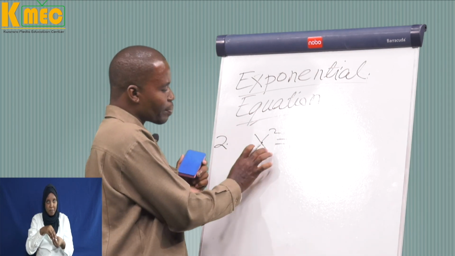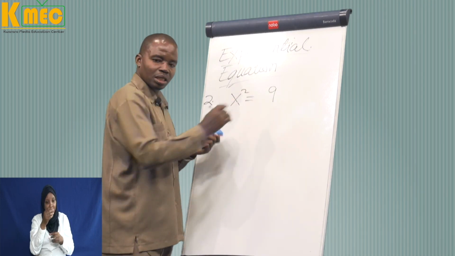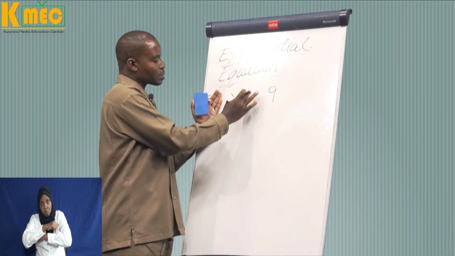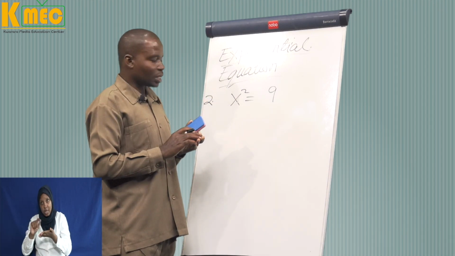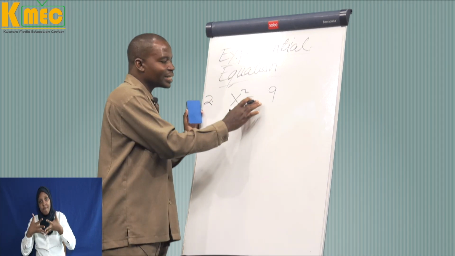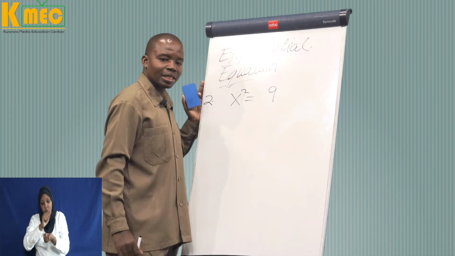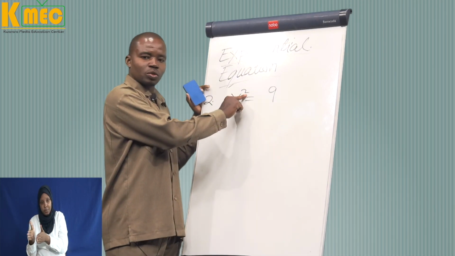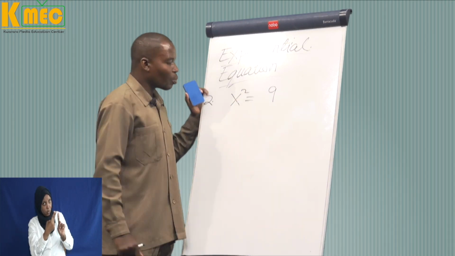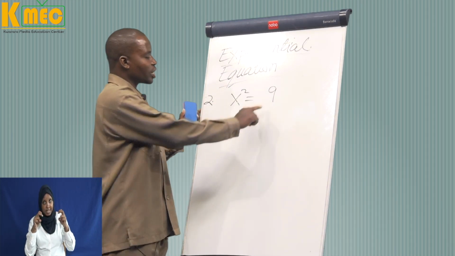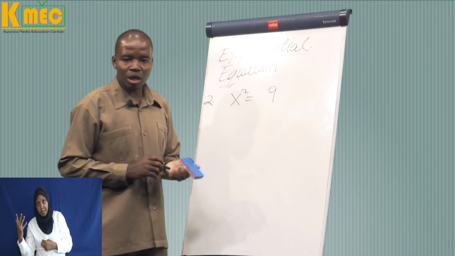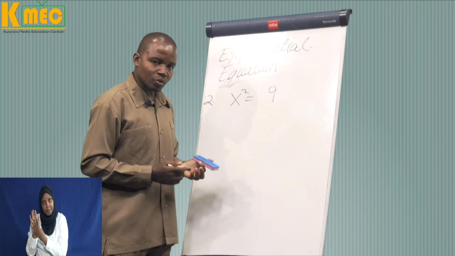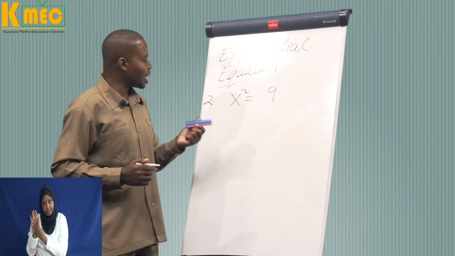So here x squared is equal to 9. Here it is written in exponential form. It means we must again change the second side into exponential form. But here the exponent is 2. It means we have to find the number with exponent 2 that is equal to 9.